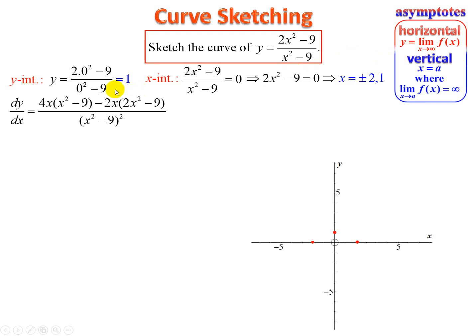Once again, I have to use the quotient rule: derivative times the bottom. So there we are, derivative 4x times the bottom as it is, minus the derivative of the bottom times the top. There we are, quotient rule, all over the bottom squared.